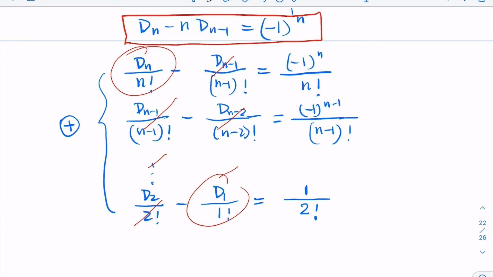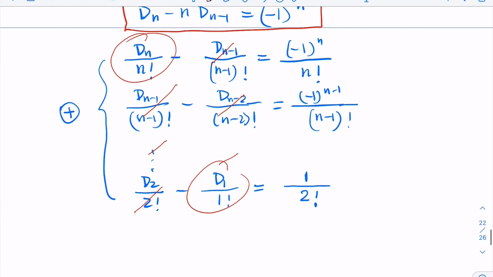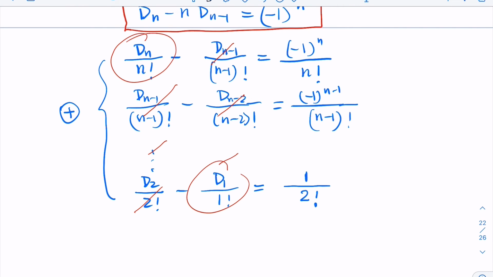and here you're going to have summation on the right hand side. So what we have is an expression for dn. So the dn over n factorial minus d1 over 1 factorial, we know that is 0. So equal here is going to be summation from what? From 1 over 2 factorial minus 1 over 3 factorial.